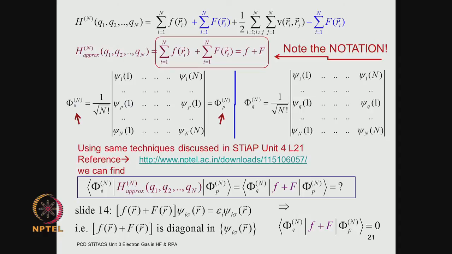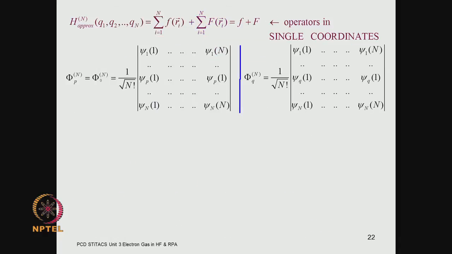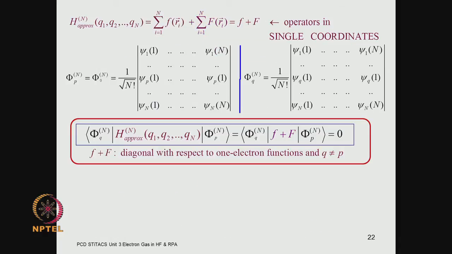Okay. So, this will automatically vanish. I will not show this in any detail, but refer you to the discussion in unit 4 of the previous course. So, what we now have is the following, that f plus F is diagonal with respect to the 1 electron functions. We know that q is not equal to p because we are referring to q as the excited state.